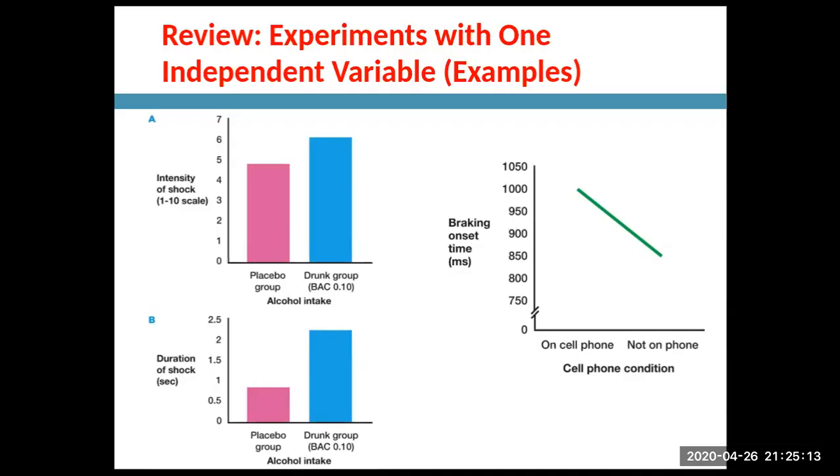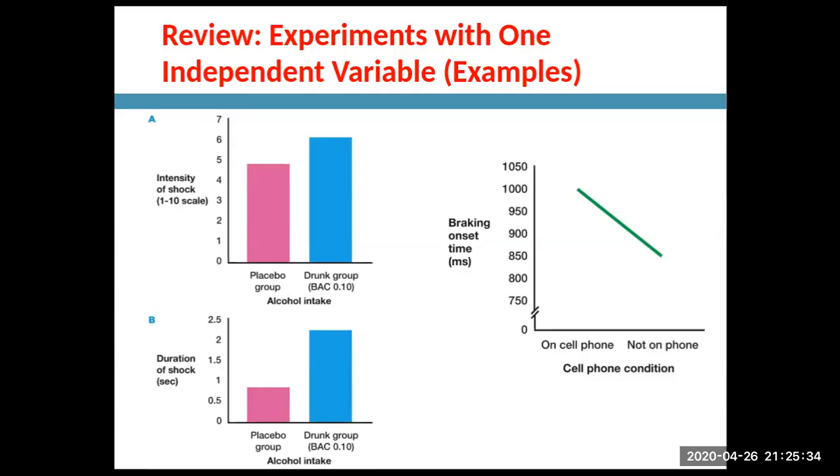So here we see in A, on the top left, we have along the x-axis, remember that's your manipulated or independent variable and its levels. So here we have a placebo group and a drunk group. The drunk group has a blood alcohol content or level of 0.10.